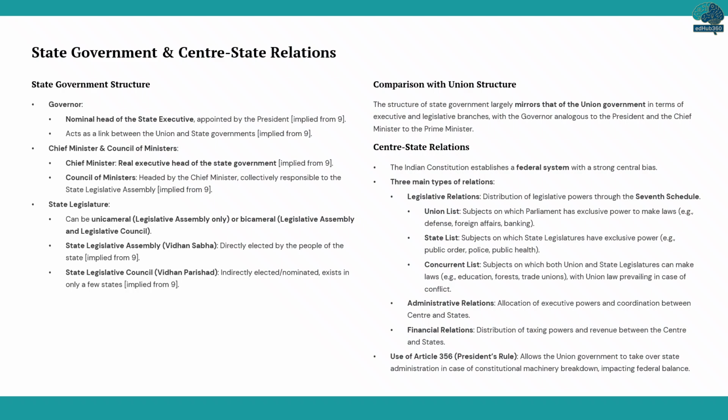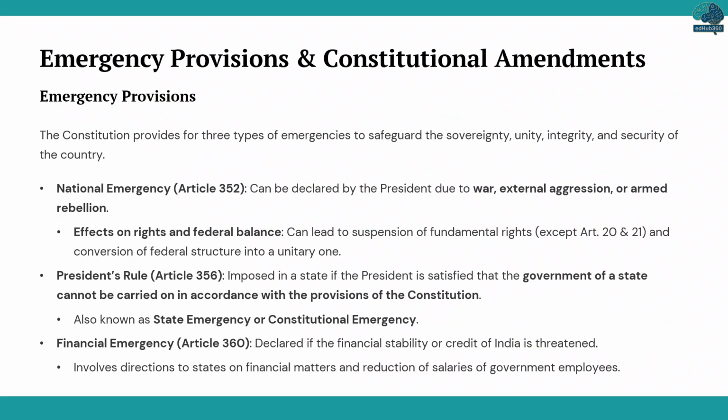The Indian Constitution also includes emergency provisions designed to safeguard the nation's sovereignty, unity, and security. There are three types of emergencies. First, a national emergency under Article 352, declared by the President due to war, external aggression, or armed rebellion. During this, fundamental rights, except Articles 20 and 21, can be suspended, and the federal structure can become unitary.